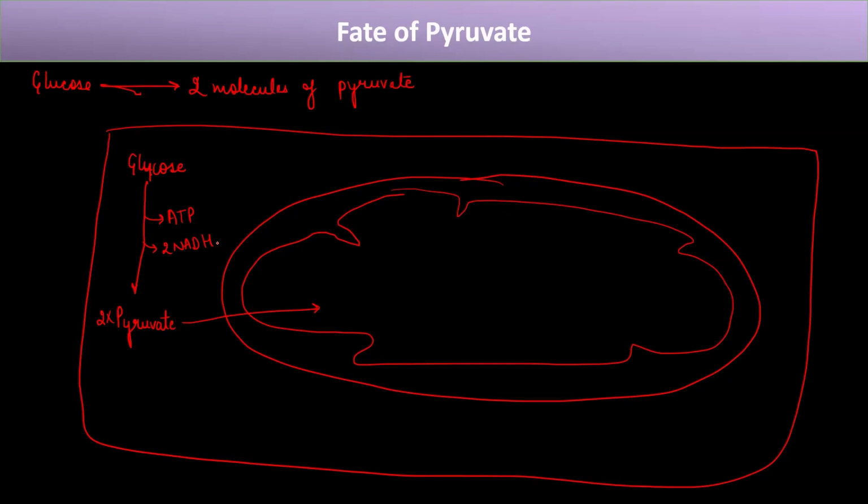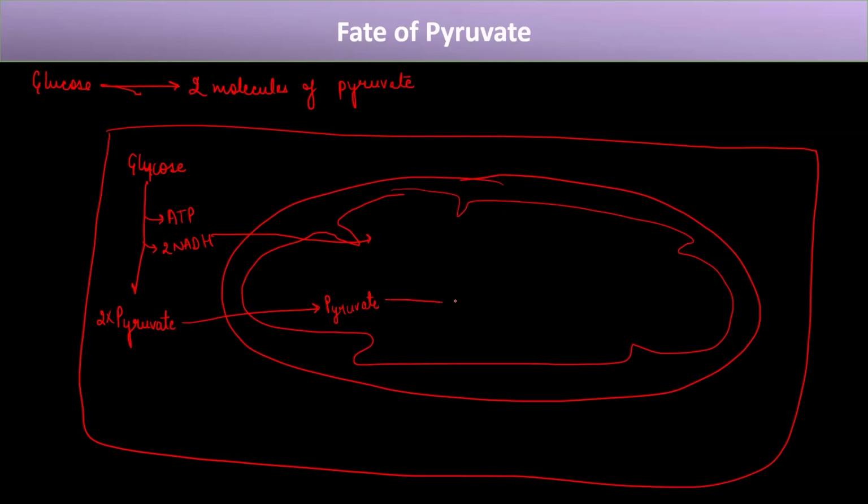So this NADH, along with this pyruvate, also enters into the mitochondria. Now, if you remember in the last lecture, I also told that the NADH produced later on gets converted into ATP. So if you think how it happens, this NADH also enters into the mitochondrial matrix.